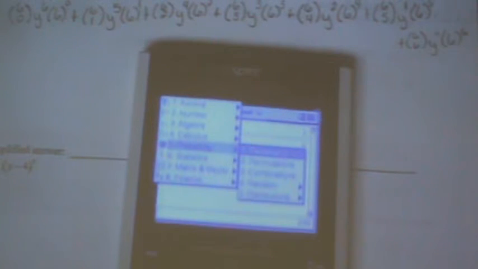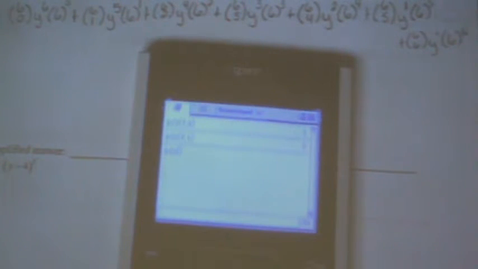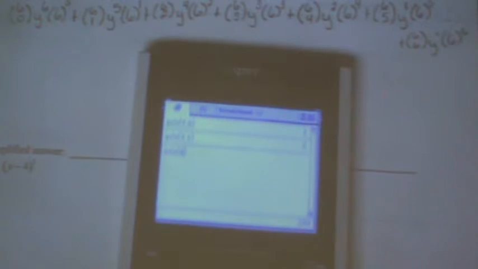So when we find the combination for this first one, again, you're going to use your calculator. You're going to go menu, probability, combinations. Enter these numbers in as an ordered pair, so it's going to be 6, 0. You get 1.